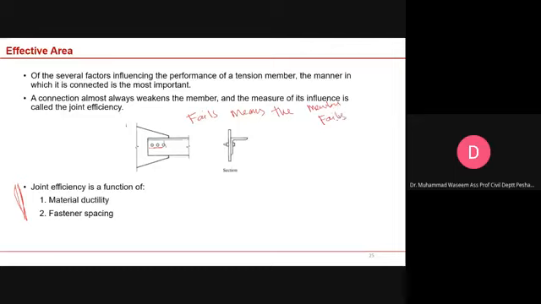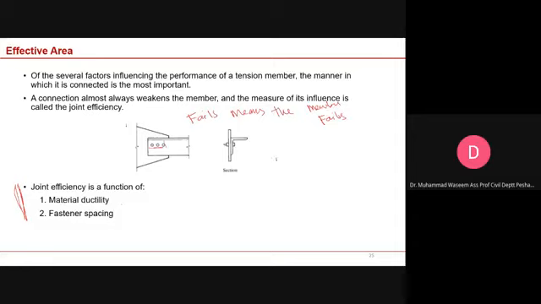So there are some aspects or properties which control the joint efficiency. The joint efficiency is very important. There are different things which control the joint efficiency. We have to take care of all these aspects when we are designing the tension member.